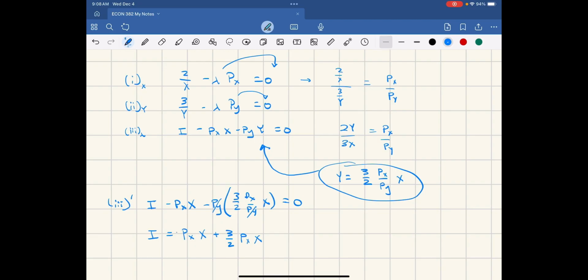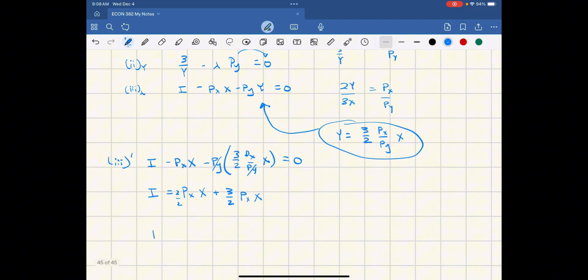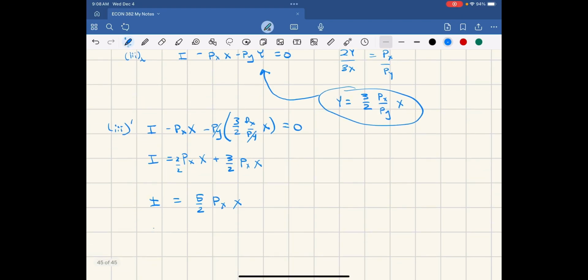So this looks like 2 over 2. So now I can add them. So income is equal to 5 over 2 pxx. And now I'm going to solve for x. So x star is equal to 2 times the income over 5 px. And so that's our answer for x star.